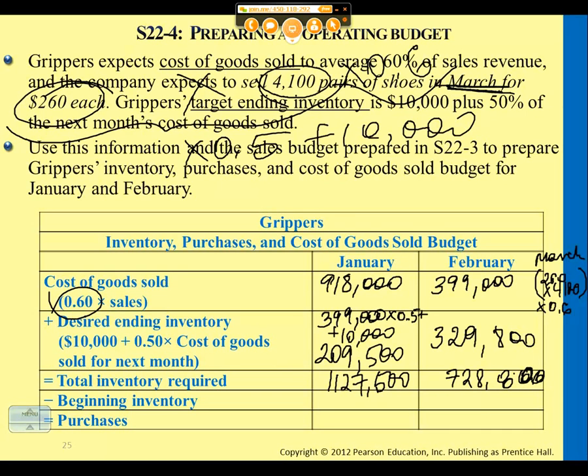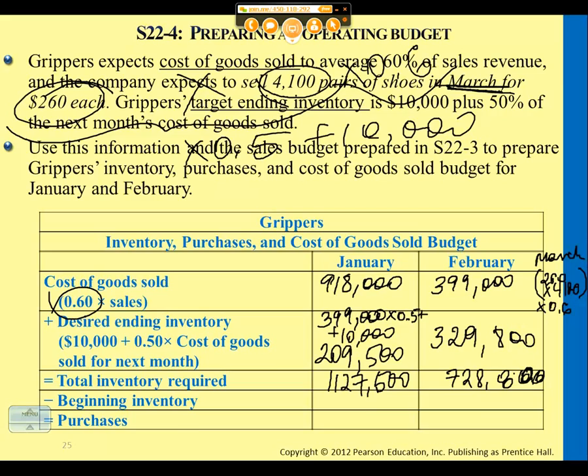From the desired ending inventory of the previous month. Okay, what am I going to do with January? You're going to subtract 728,000 from 1,127,000. So it's total inventory required minus the beginning inventory of that month.